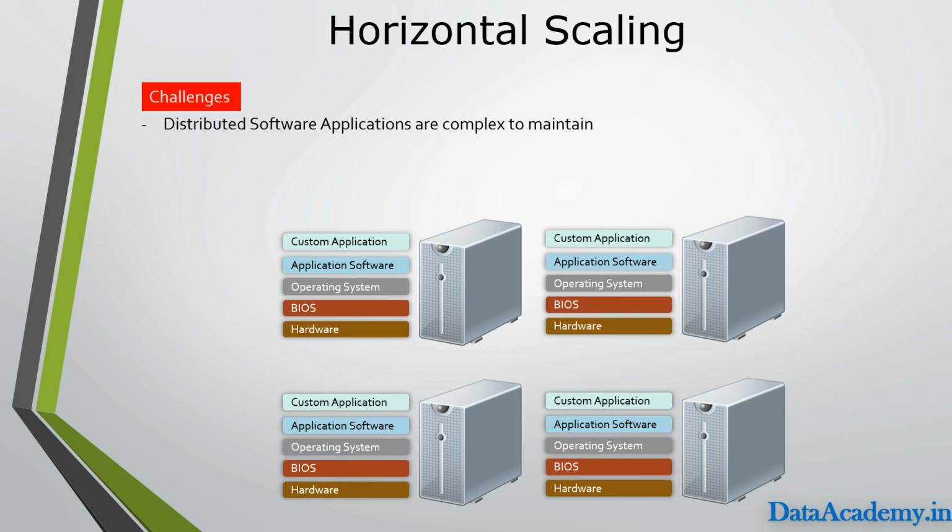Here the same problems appear, which is every system will hit a limit, but then there are some new challenges, right? So the first challenge is distributed applications are complex to maintain. So if I have 4 servers, and let's suppose I am deploying my Oracle database. My Oracle database is running on all these 4 servers, right?